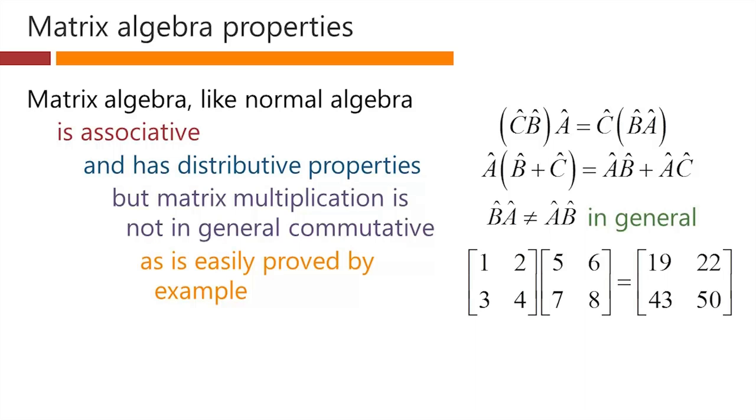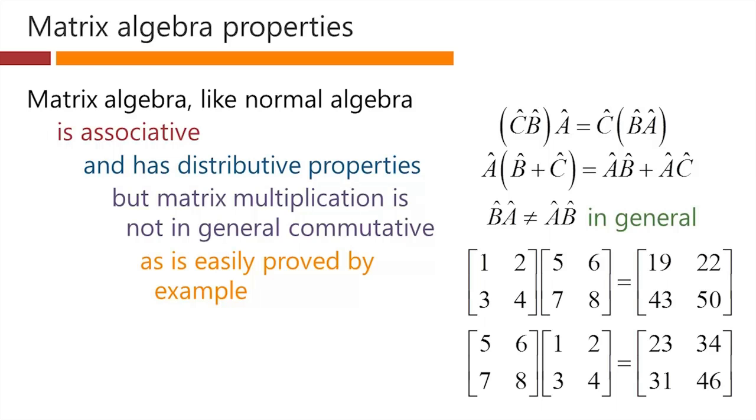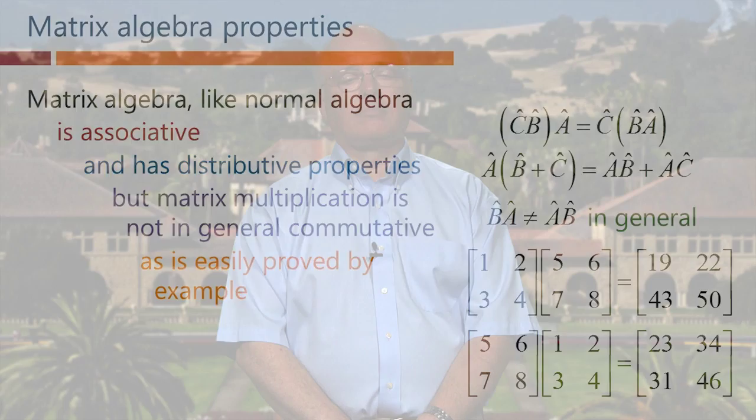For example, if we take these two matrices here and multiply them together in this order, we'll get the following result. But if we take the same matrices but multiplied in the other order, so this one is now here and that one is now here, then the answer is simply different. So we are proving by example that in general B times A is not equal to A times B.